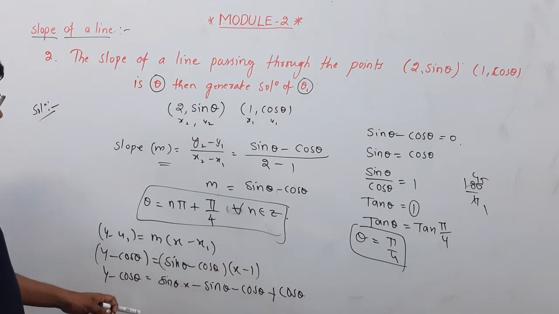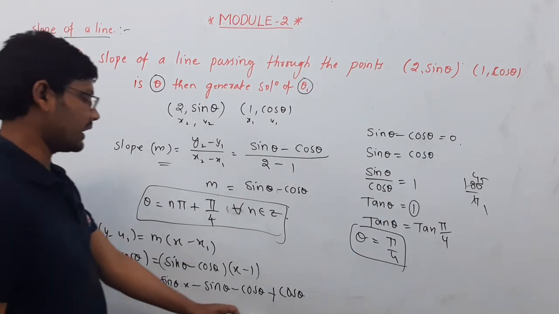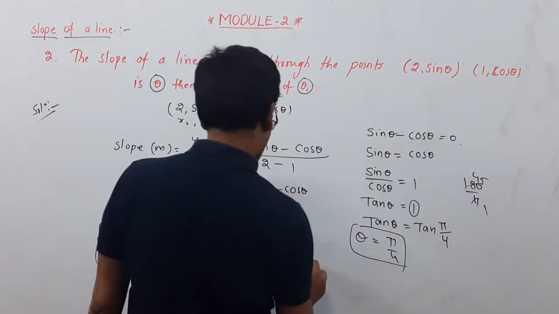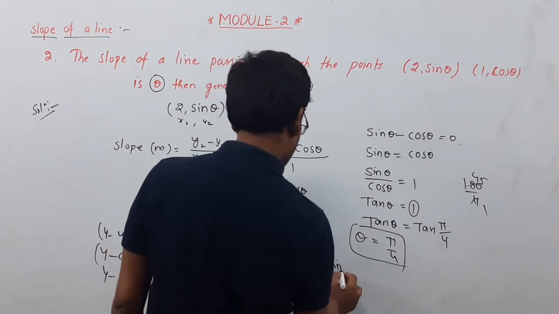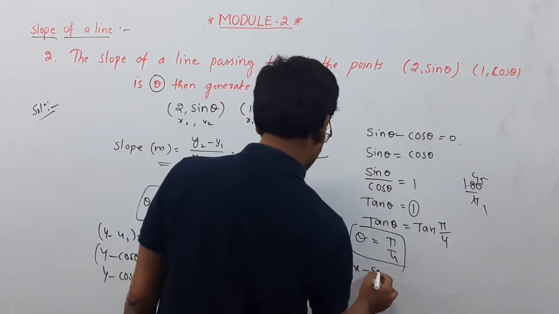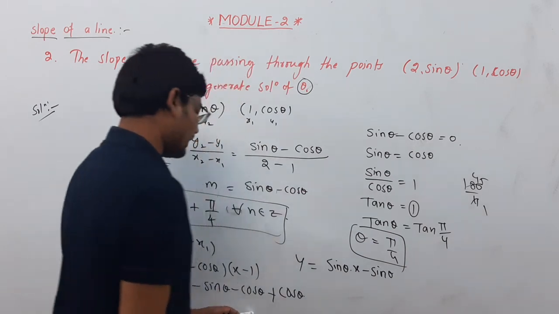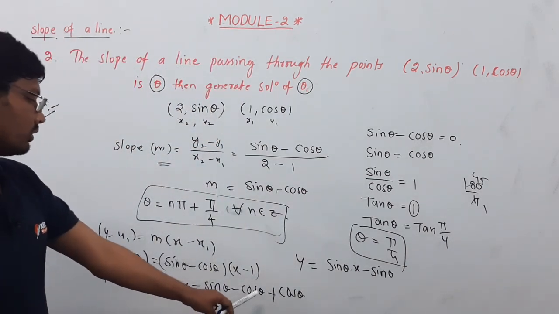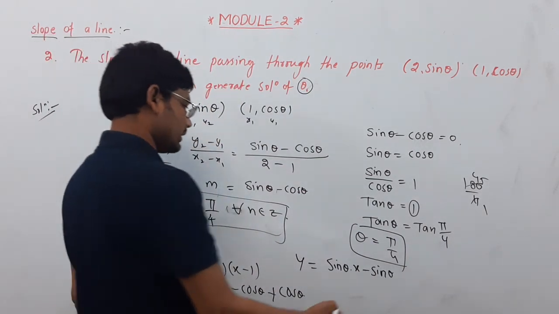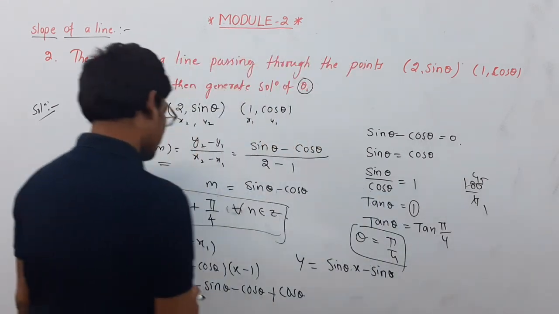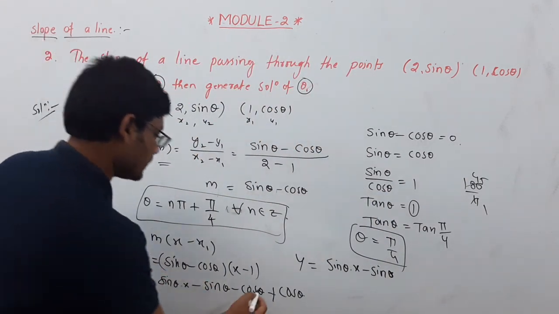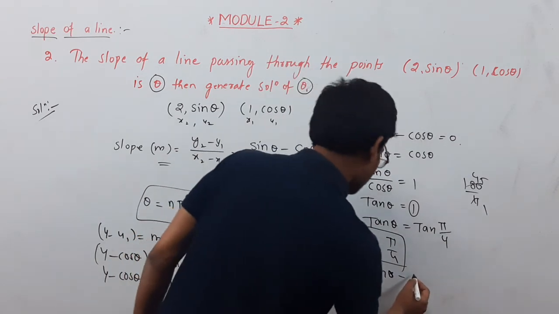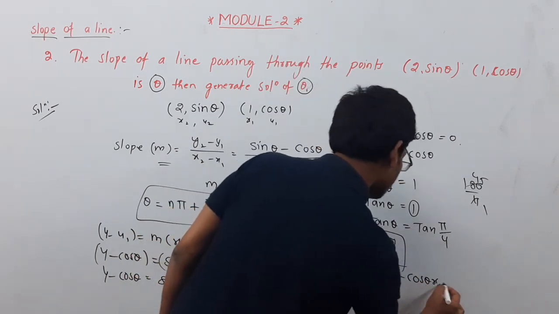So positive cos theta. Let's send this cos theta to the right hand side. It will become y is equal to sin theta into x minus sin theta. Here already we have cos theta. So minus cos theta x.